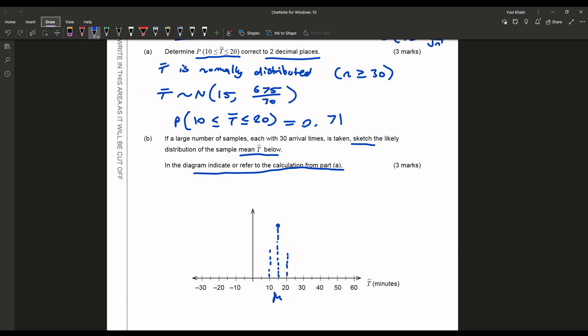So this is where 70% of the graph is going to lie. So let's just do that. And now we can just draw our normal distribution. It should be something like that.